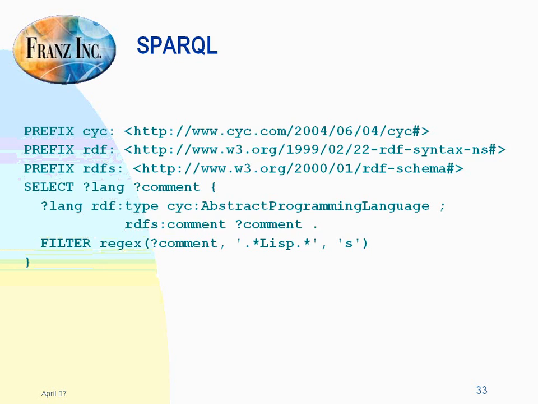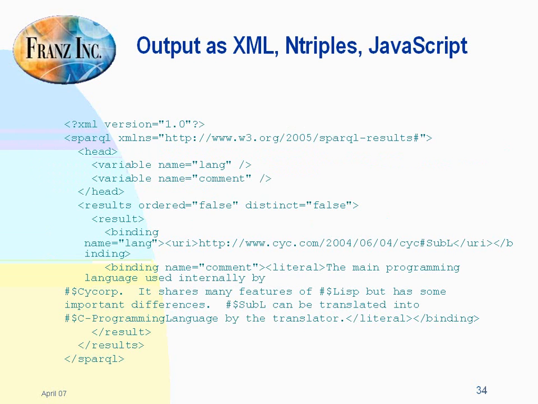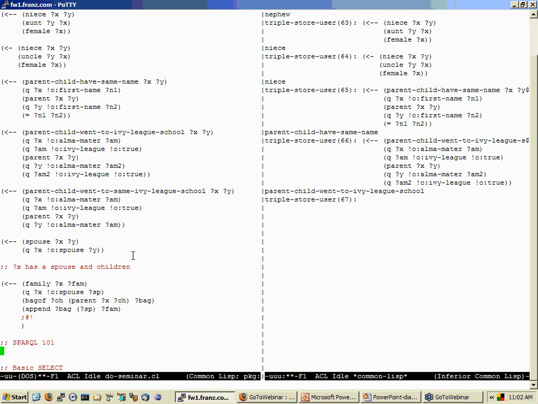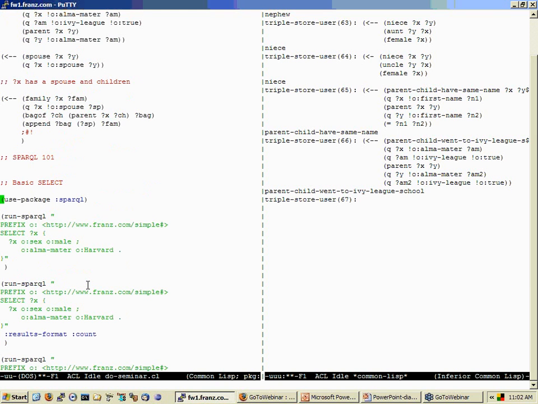Okay, here's a little example of SPARQL, but as I'm going to demo SPARQL, I won't do it here in PowerPoint. Let me go back to the demo. We still have the Kennedy database open.